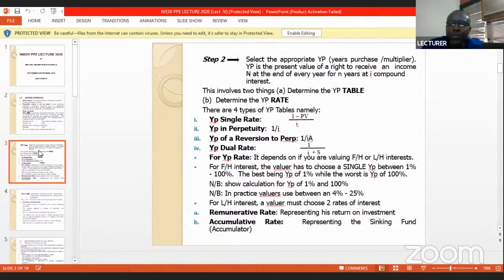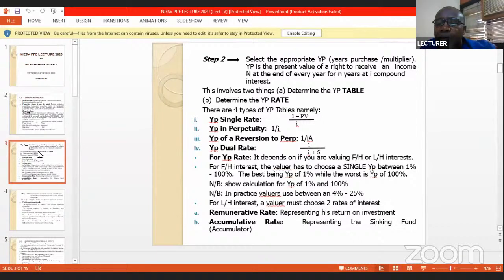Step two. Step two is to select an appropriate YP. YP is simply the present value of 1 naira per annum.